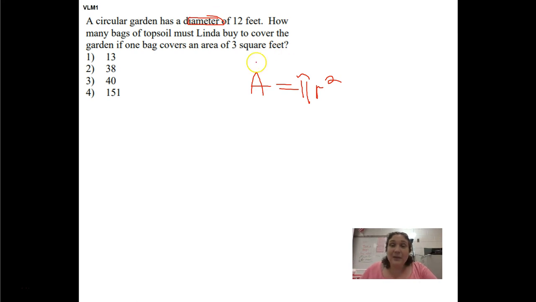Because they tell us the diameter of this circular garden, we can't plug it into the equation right away. I told you in the past that anytime you see diameter, immediately I want you to write r and whatever the radius equals. So here, since the diameter is 12, we know our radius is 6. So now I've got area equals, I am going to actually use 3.14 for pi simply because I don't have pi in any of my answers, times 6 squared.